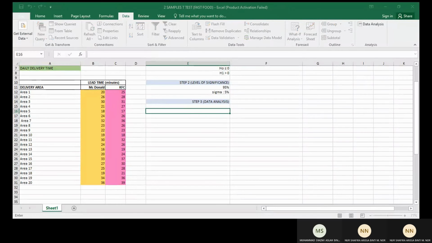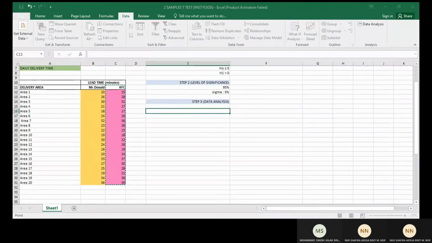Then I choose OK, and from this table, there are two variables. For the first variable, I choose McDonald's, and for the second variable, we choose KFC.